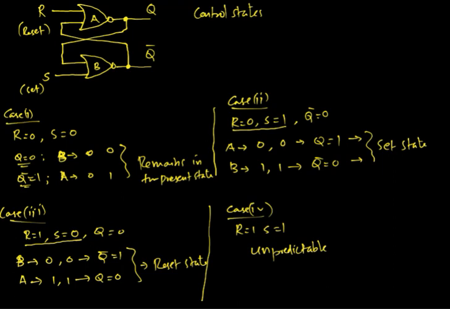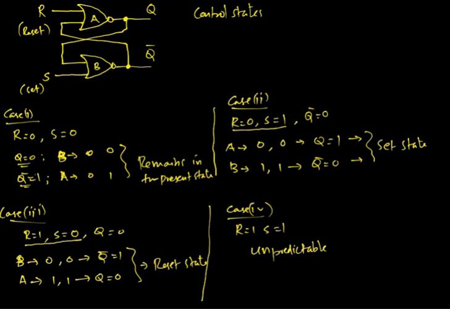So if both inputs R and S of the flip-flop are at high level, now when the inputs are removed, if R is removed before S, then the condition R equal to 0 and S equal to 1 prevails at the input side and the flip-flop sets.